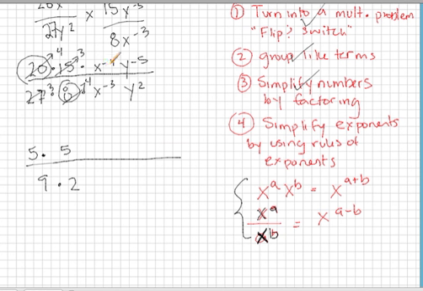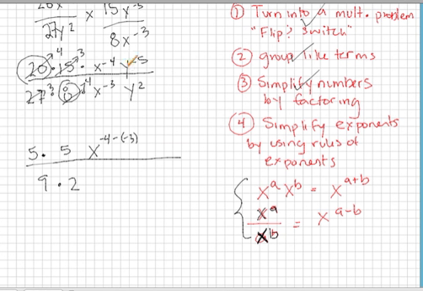So I have x to the negative 4 divided by x to the negative 3. So what I really have is x on the top, x to the negative 4 minus negative 3. Division goes to subtraction.